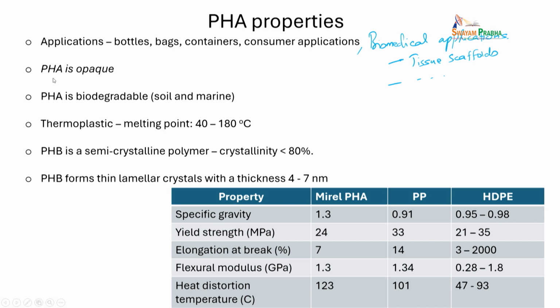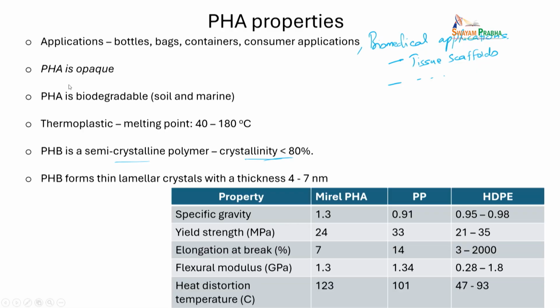In terms of its property, PHA is actually opaque, it does not form a clear film. That is because it forms a semi-crystalline polymer, but the crystal sizes are so big, and that makes them opaque. And as I said, PHA is biodegradable both in soil and marine.